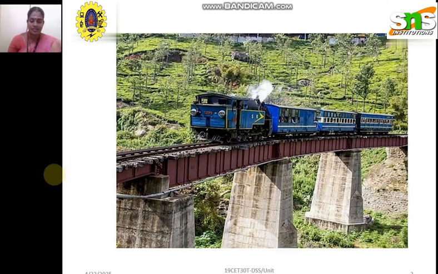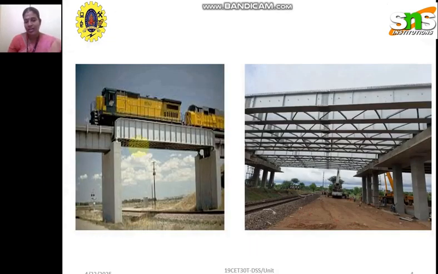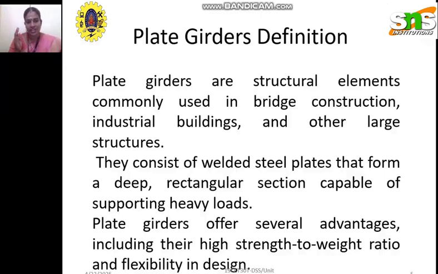Not only for railways, in highways also we are using plate girders, and also for industrial structures. In places where heavy loads act on industrial structures, we also use plate girders. This is a structural element used mostly in bridge construction and in a few places of industrial buildings, where we need large structures.